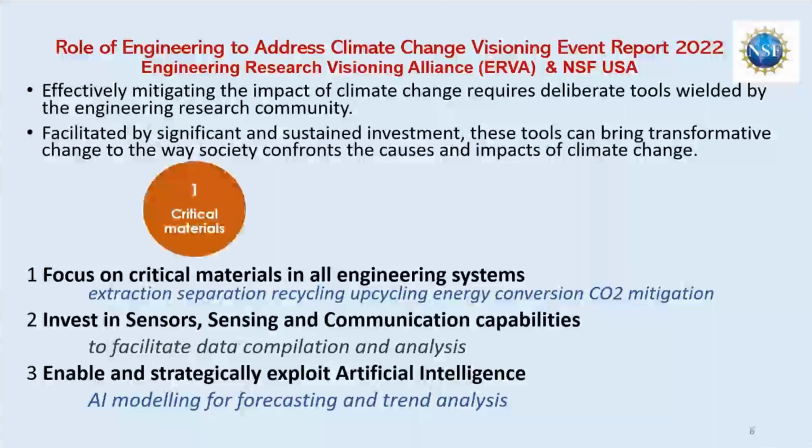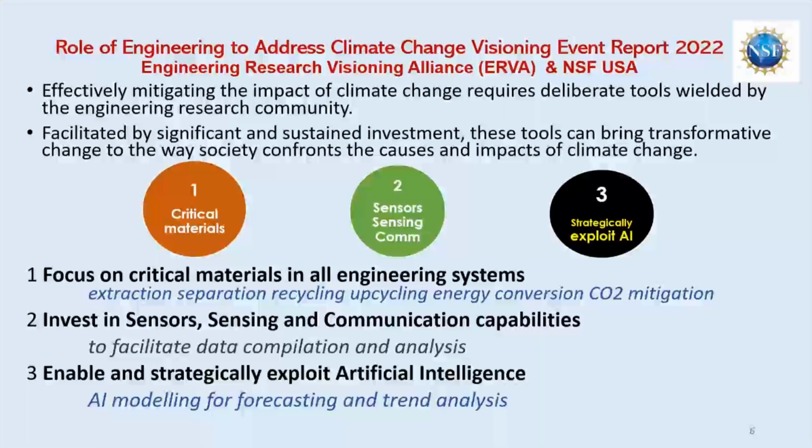They are divided into three components. The first is critical materials, that is all the materials relevant to engineering systems, like extraction, separation, recycling, upcycling, energy conservation and CO2 mitigation. Next is sensors, sensing, and communication capability. Then finally, enabling the strategic exploitation of artificial intelligence. So that is the broad way they are divided.